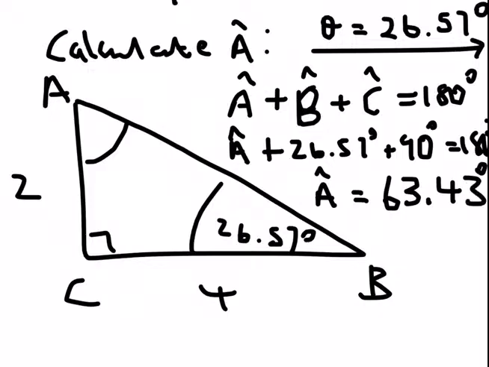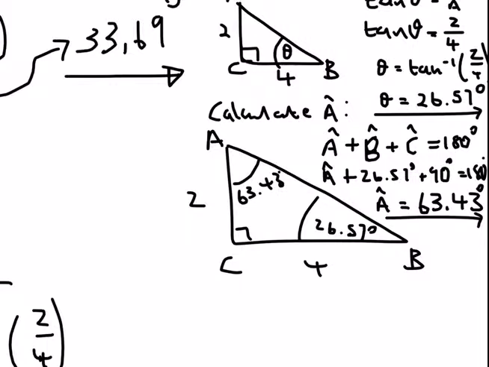Remember to say degrees because this is an angle. That's all that you need to be aware of, honorable member. So I've just calculated that, which is now 63,43 degrees.